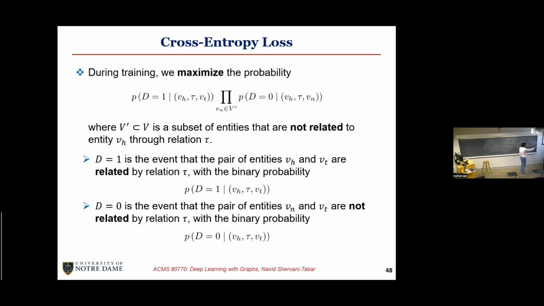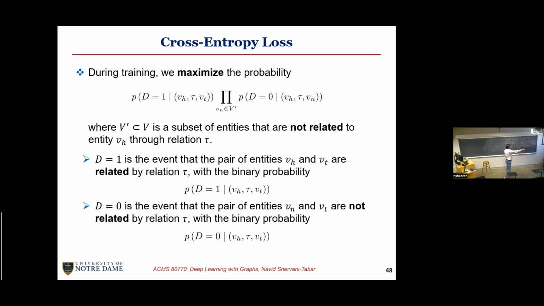So let's define this. If we have a pair of entities, VH and VT, and these are related by some relation tau, right? So if this is in our data set, we call the event D equals 1 the event that this is true, and we call event D equals 0 the event that this is not true, meaning that there is no relation of type tau between entities VT and VH.